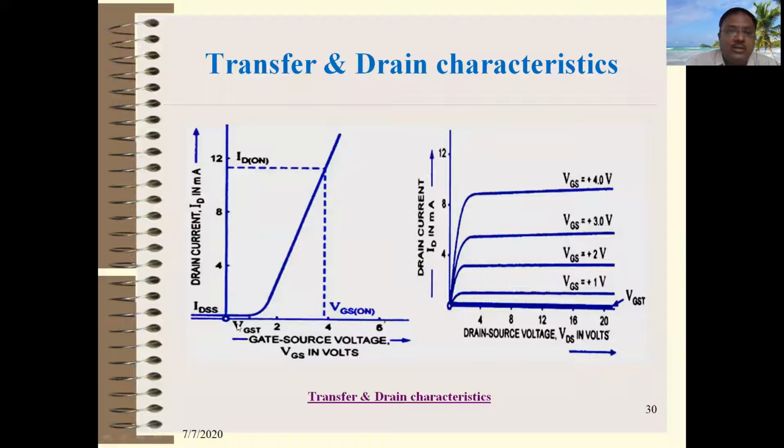If you see, VGS increases to 1 volt, 2 volt or something, the current is 0, ideally 0. This is called IDSS, right? After this, if you increase the value of VGS, your current increases, basically not linearly. It's an exponential increase in current, right?